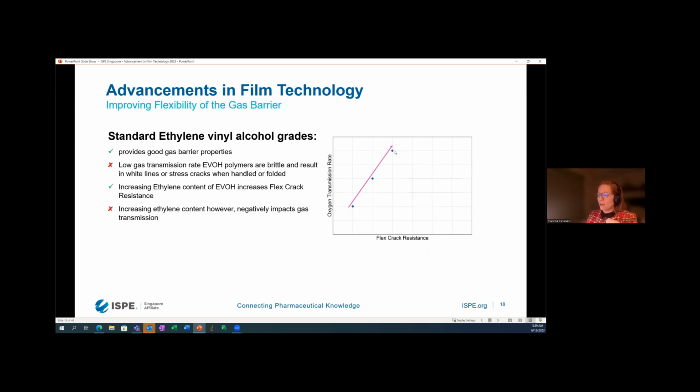You can see that on the graph here, that low flex crack resistance really goes with the higher performing low oxygen transmission rate. But specialty grades break this trend by providing both a relatively low gas permeability and increased flexibility, and this is vastly increased.